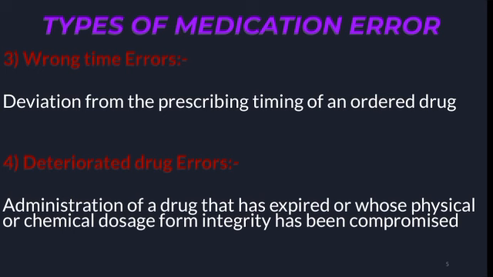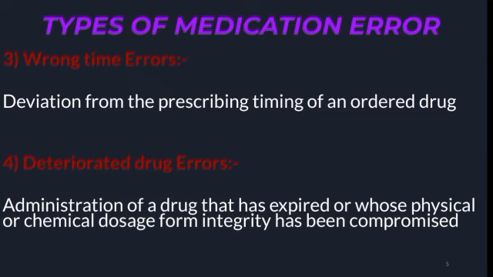Next one, a wrong time error. Deviation from the prescribed timing of an ordered drug. If the doctor prescribed to take this medicine in the morning, but he or she failed to take it in the morning, and the next dose has to be taken only at night.